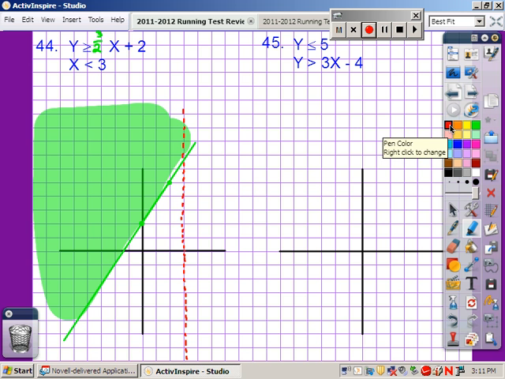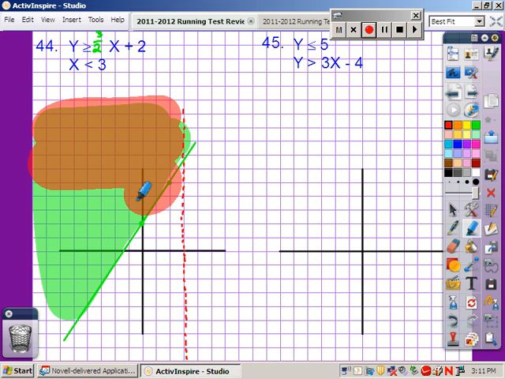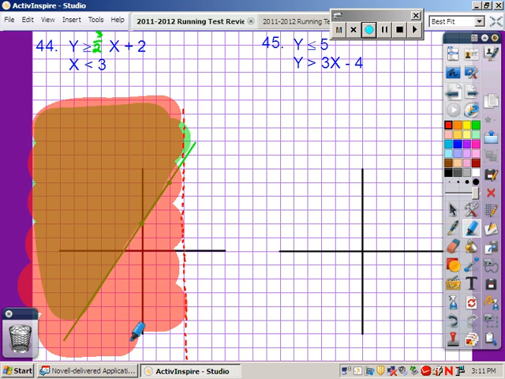What we're really looking for out of all of this is where the shading overlaps. And you want to make sure that that area stands out. So to me, the overlapping shading is right here.